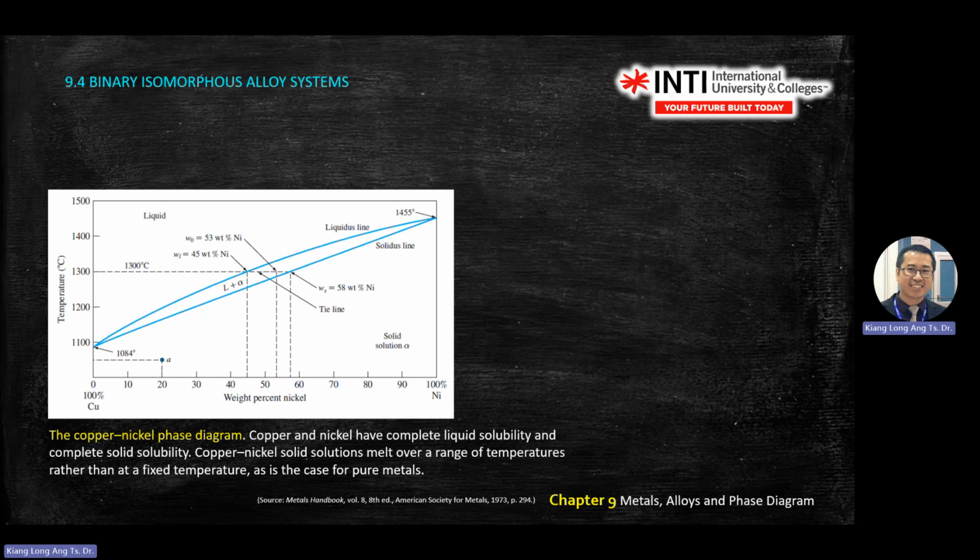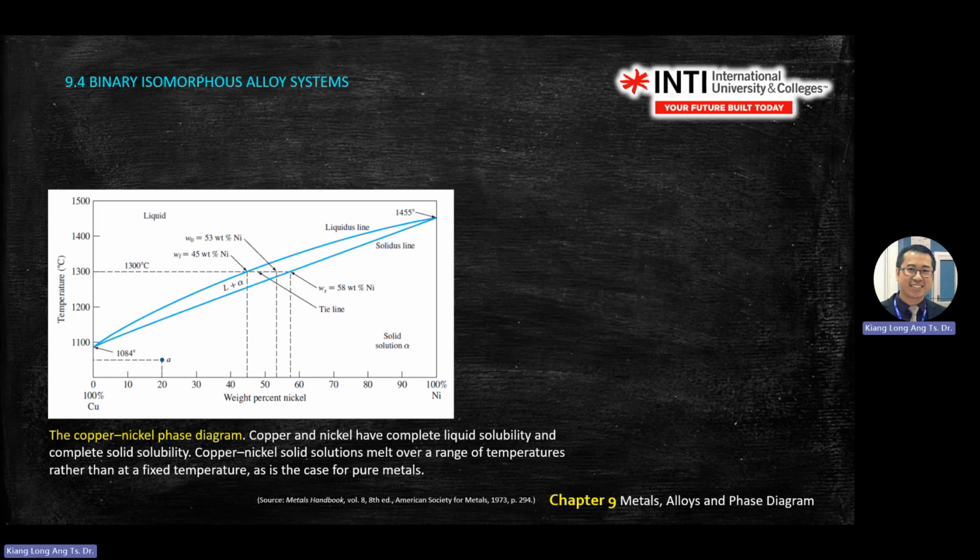Liquid and solid. What about the middle part? You have three phases actually: liquid, solid, and the one in the middle, a mixture between liquid and solid. So you have three zones.